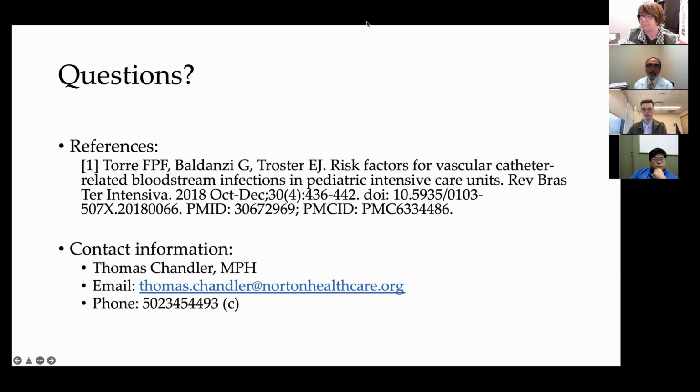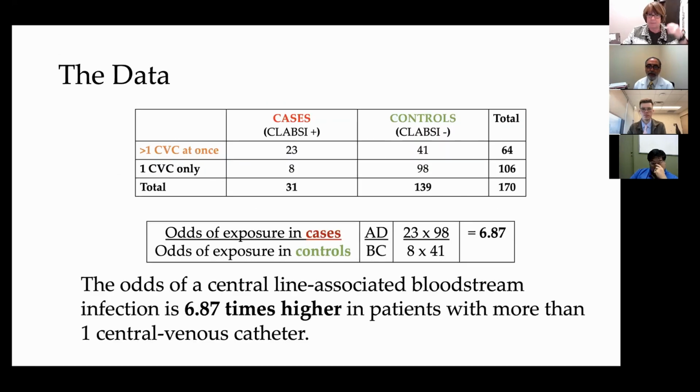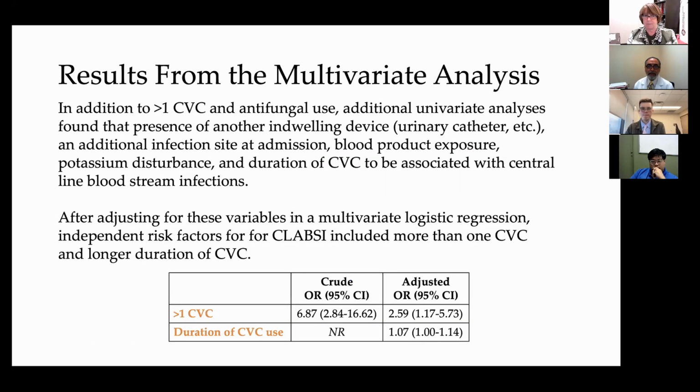Comments? In the example that you gave, Thomas, I think I was having more than one central line. Before adjustment, you have almost an odds ratio of 7, and then after adjustment, this decreased to half or less than half.